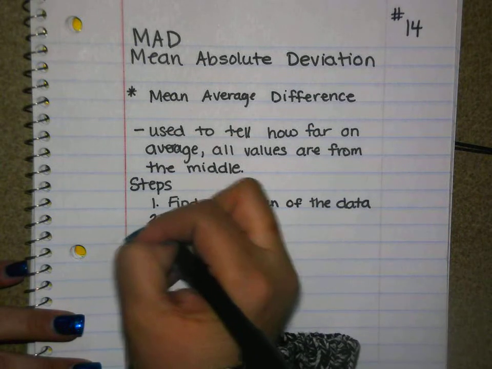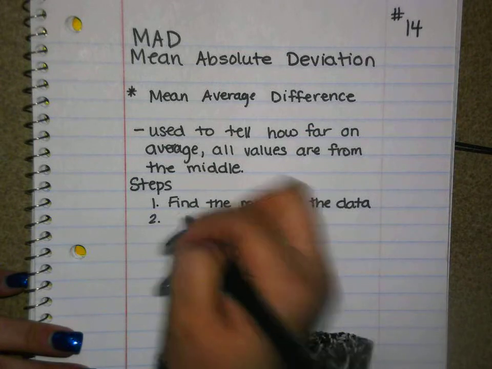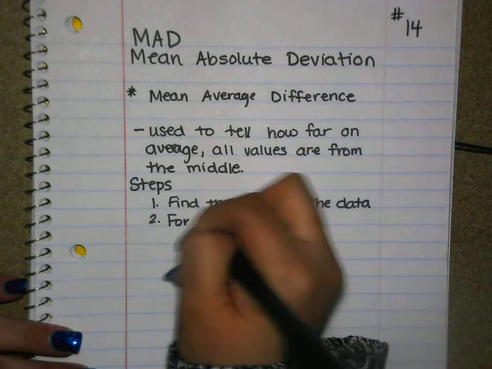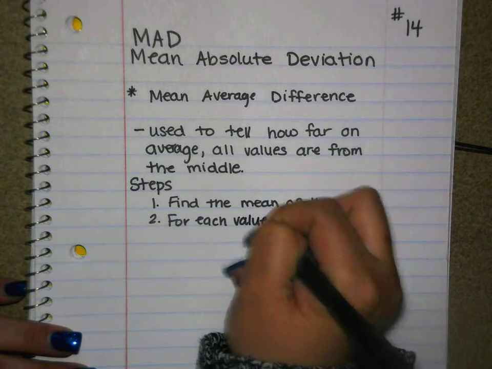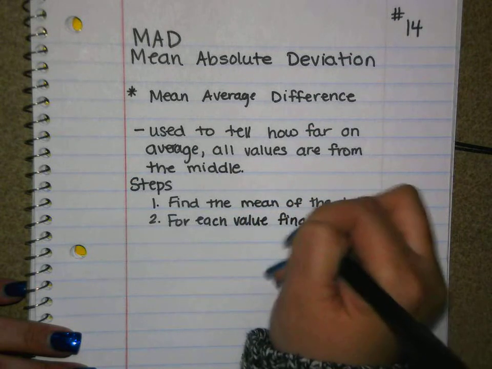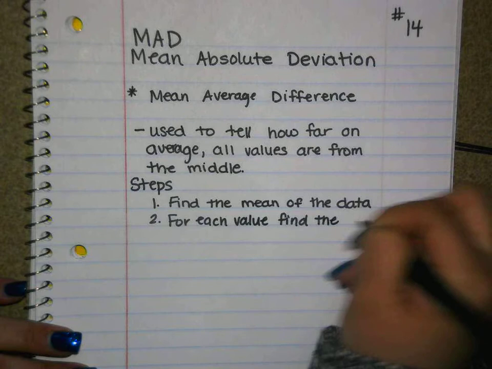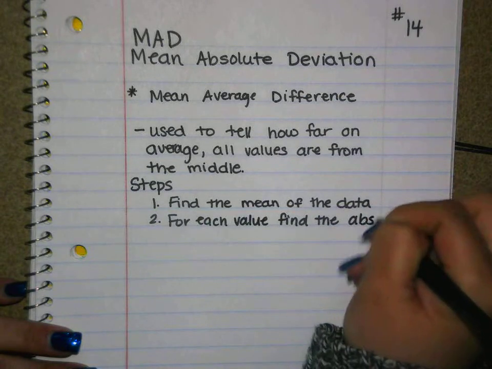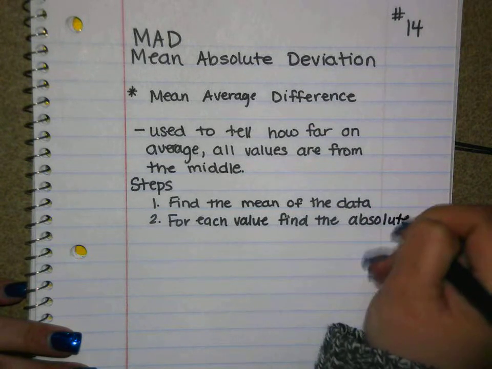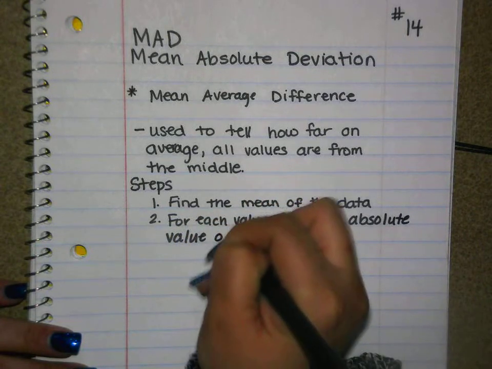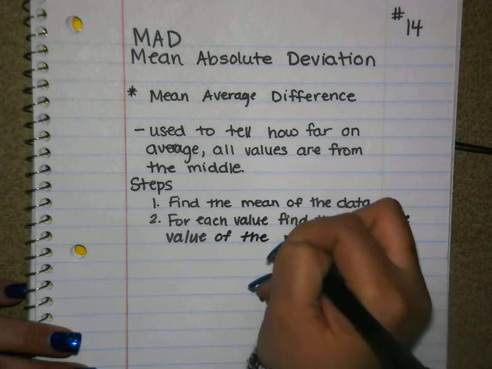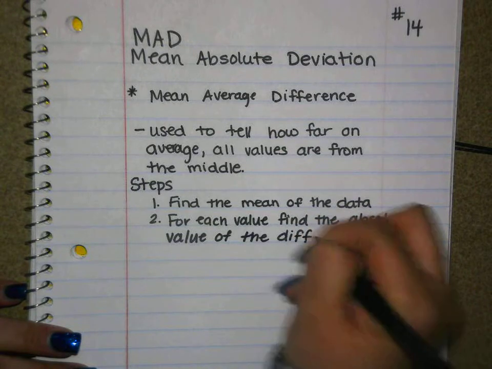And the second step is then for each value, we're going to find the difference, and I'm going to say the absolute value of the difference, because we don't want any negative numbers.